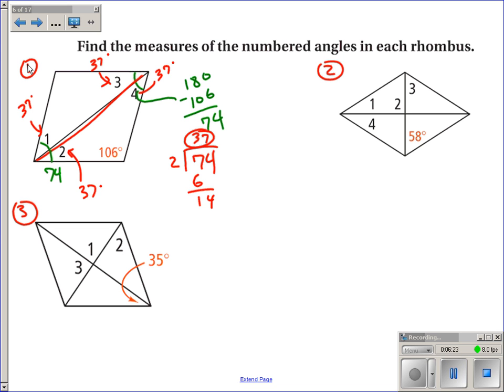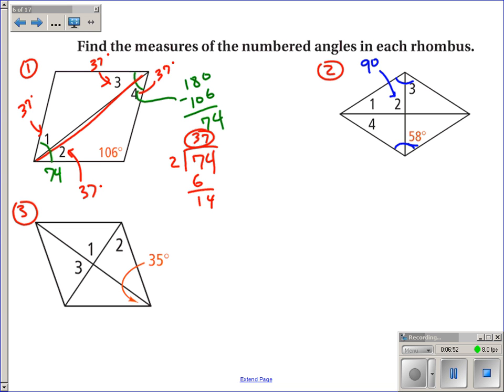Okay, now let's move on to number 2. Now, in number 2, the simplest one to know is the measure of angle 2. We just talked about the fact that the diagonals are perpendicular. So angle 2 will be 90 degrees. Now, using 58, let me back up. Because this rhombus is a parallelogram, the opposite angles, this angle and this angle, will be congruent.